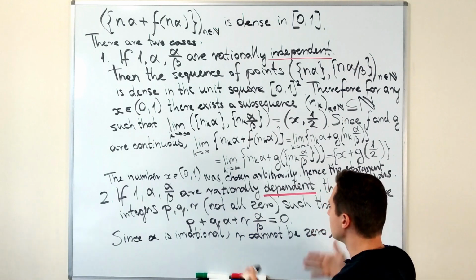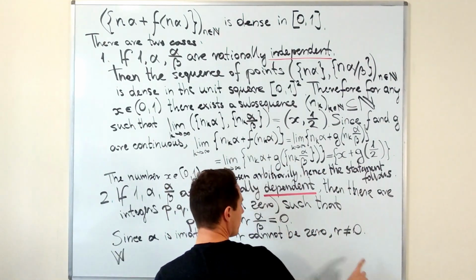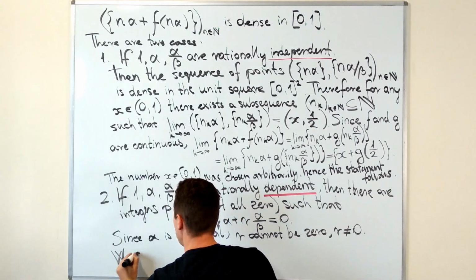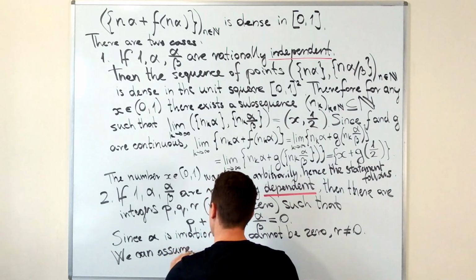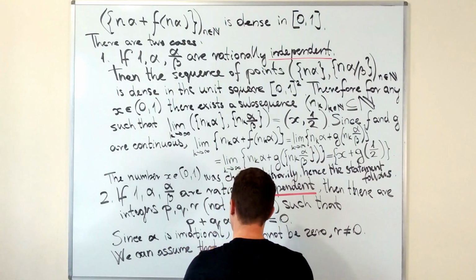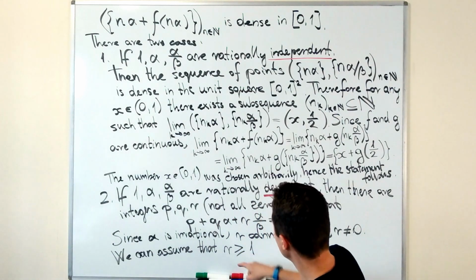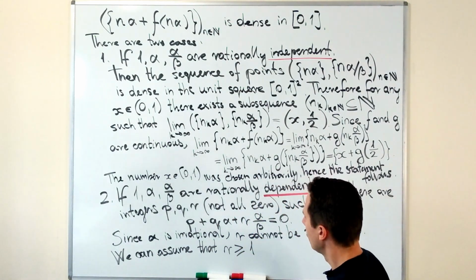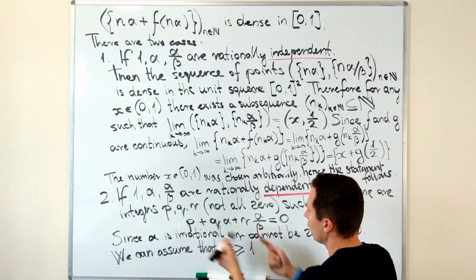So we can always assume that r is in fact positive, that r is an integer greater than or equal to 1.